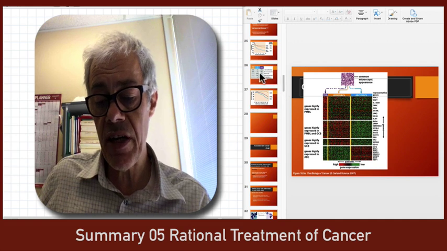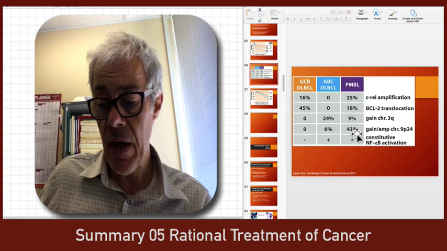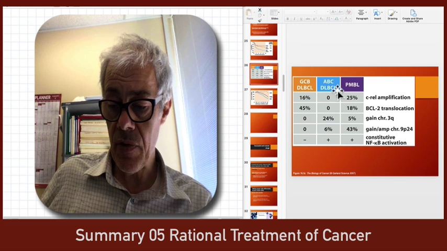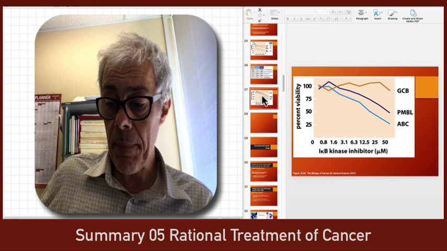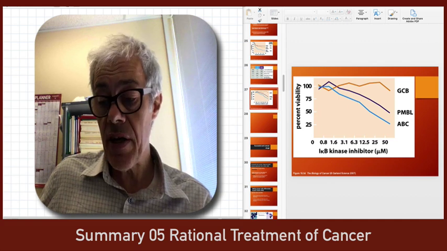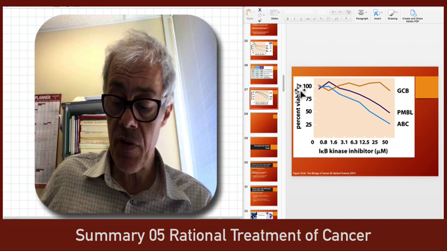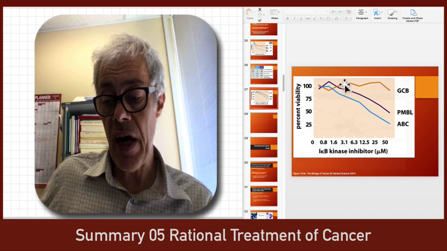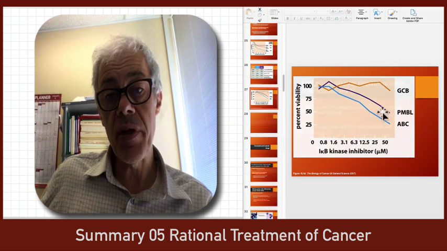So if you have a better understanding of the subtypes here, and you can see here for the different populations that they identified different proteins and genes that were present or being expressed, and the viability or the response of the different samples to the drug were very different, and they were able to get a very high response from one subtype to the drug with lower responses from the other subtypes.